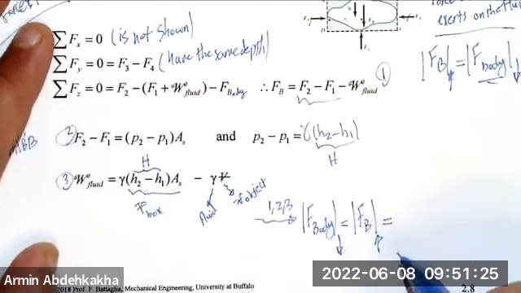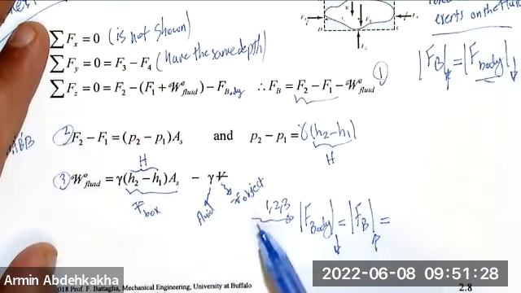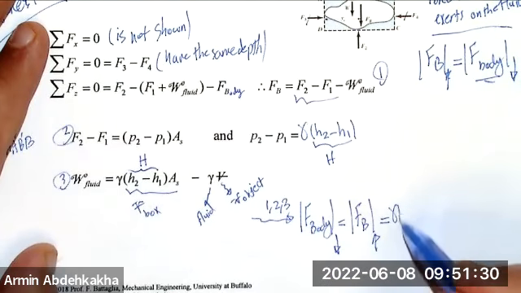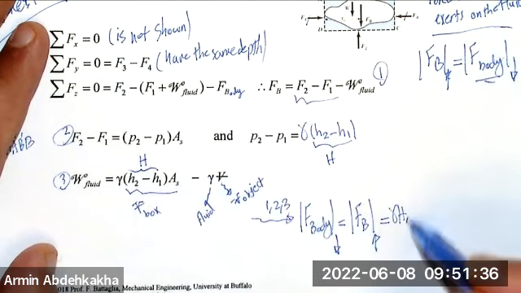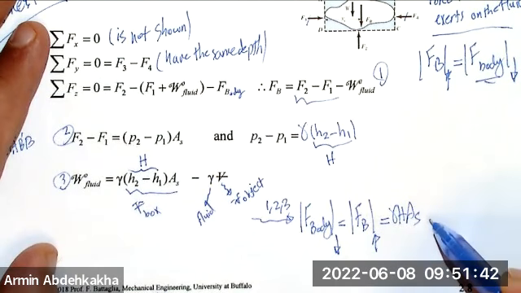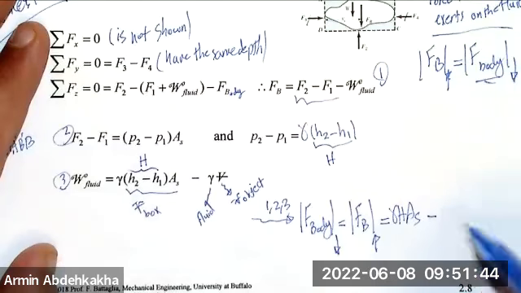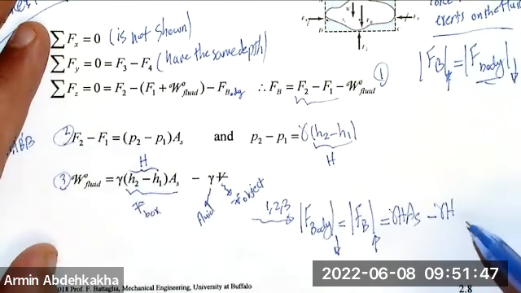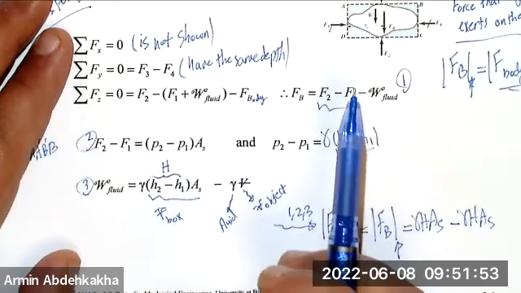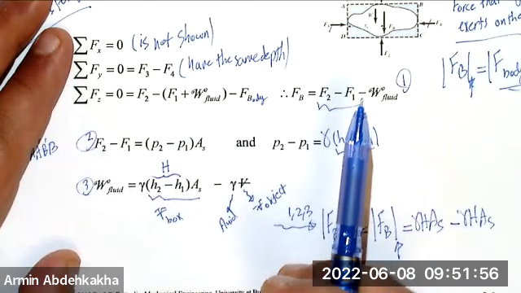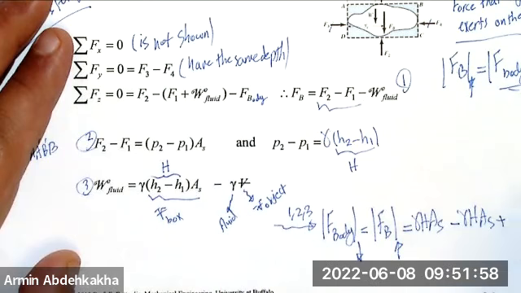Equal to first F2 minus F1, which is gamma H because of P2 minus P1 times AS. That's F2 minus F1, minus gamma H AS, and minus because of the minus sign here before W of fluid, plus gamma times the volume of the object.